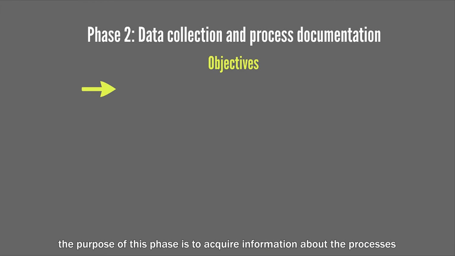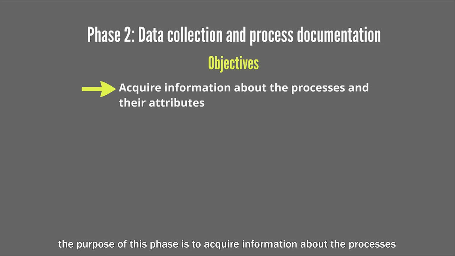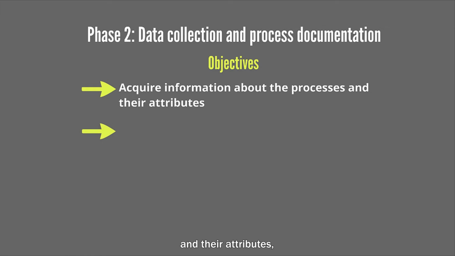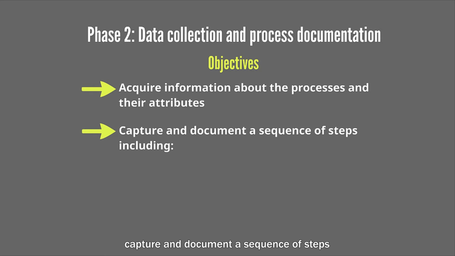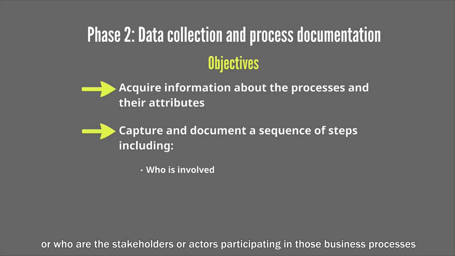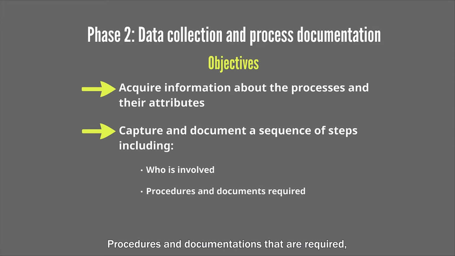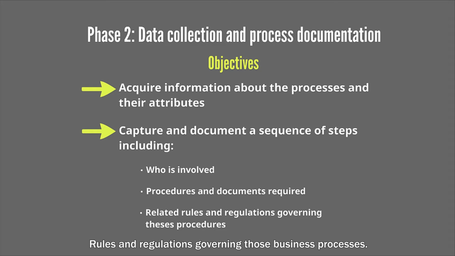The purpose of this phase is to acquire information about the processes and their attributes, capture and document a sequence of steps in actual practices, and their attributes could include who is involved, or who are the stakeholders or actors participating in those business processes, procedures and documentations that are required as input to and output from each process, related laws, rules and regulations governing those business processes.